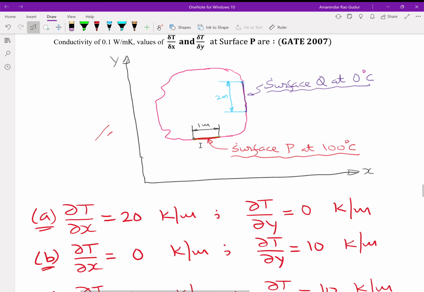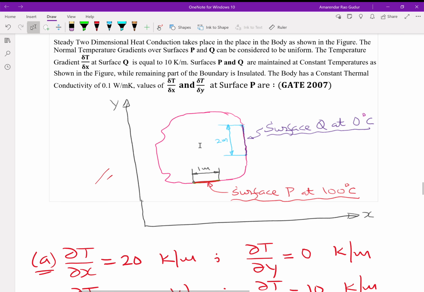Here you can see heat transfer can take place only at P and only at Q, all the remaining surfaces are insulated. If you take unit depth, this area is 1 meter square, and this area is 2 meter square. The gradient here is given as 10 Kelvin per meter. And here, since the area is half, the gradient must be double. So 10 should become 20. It's as simple as that.